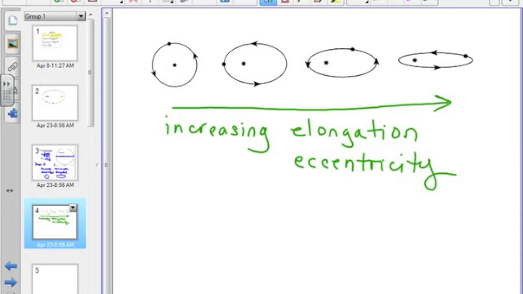Something closer to the left-hand side might be a value closer to 0, and that to the right would be closer to 1. So that gives you a little bit of a briefing on eccentricity and the eccentricity formula.